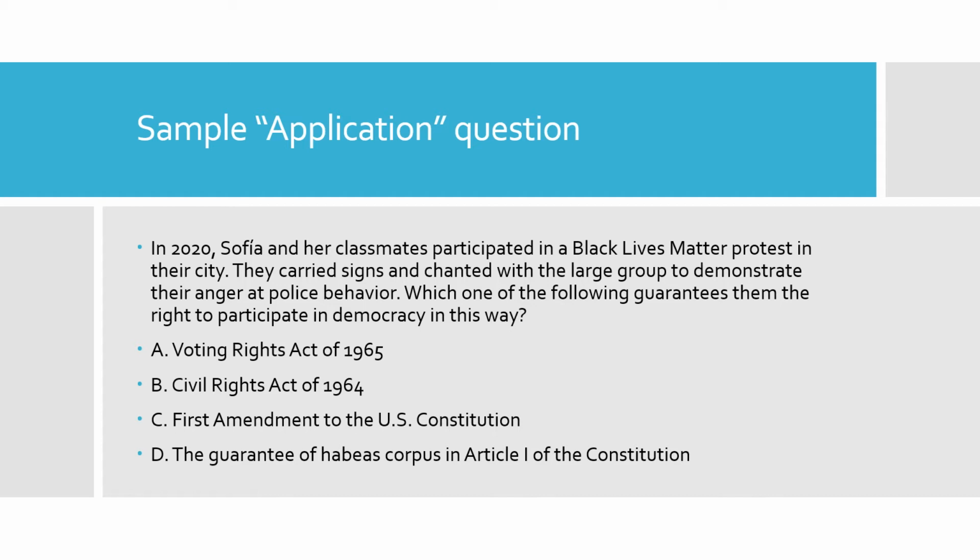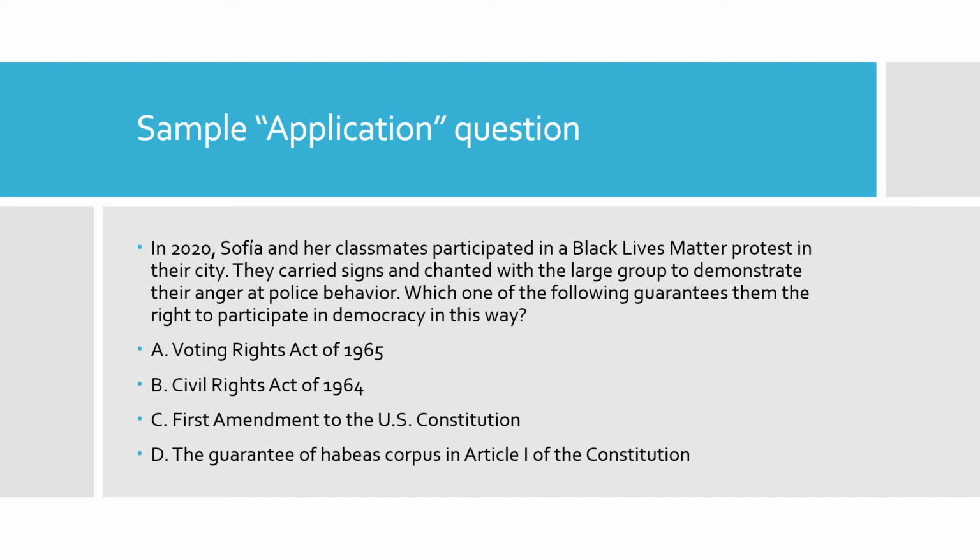Which one of the following guarantees them the right to participate in democracy in this way? Is it the Voting Rights Act of 1965, the Civil Rights Act of 1964, the First Amendment to the U.S. Constitution, or the guarantee of habeas corpus in Article 1 of the Constitution?